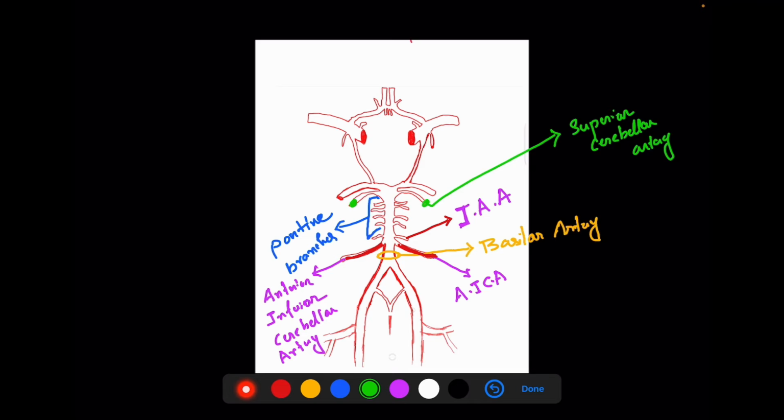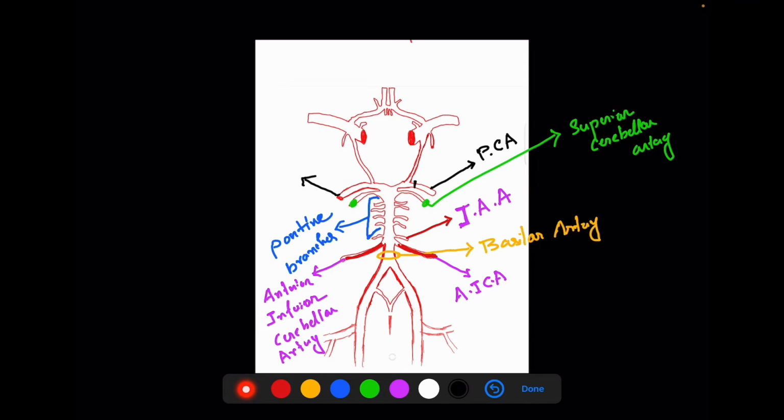Next we have the posterior cerebral artery. I'm using black to identify it. This one and this one, both are the posterior cerebral artery. And there are two segments, that is P1 and P2.